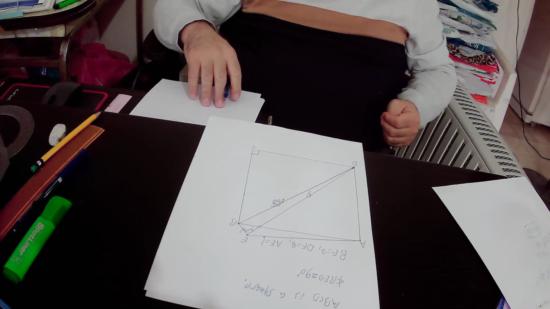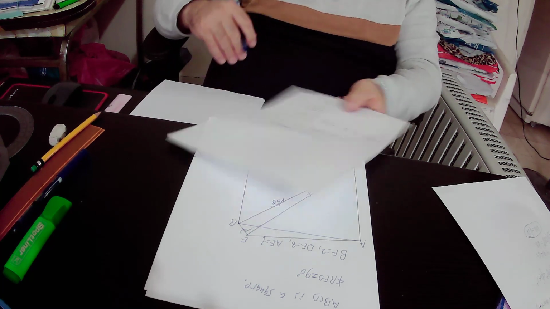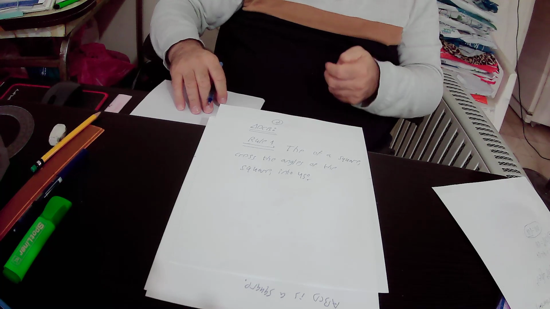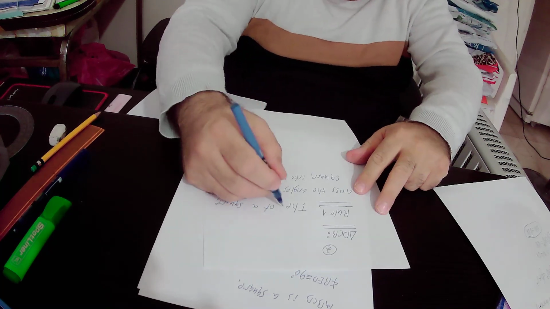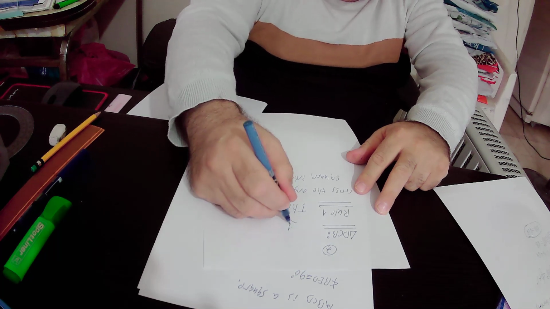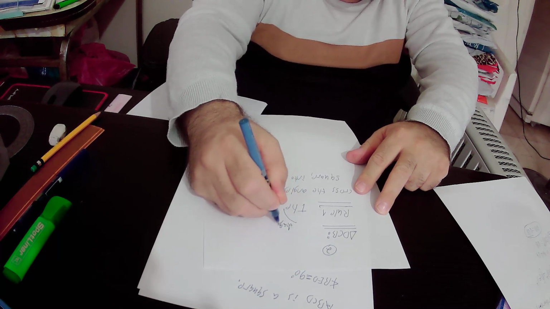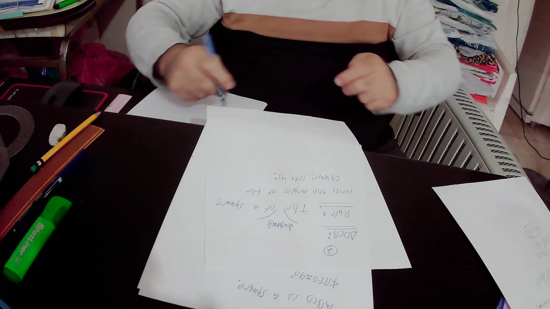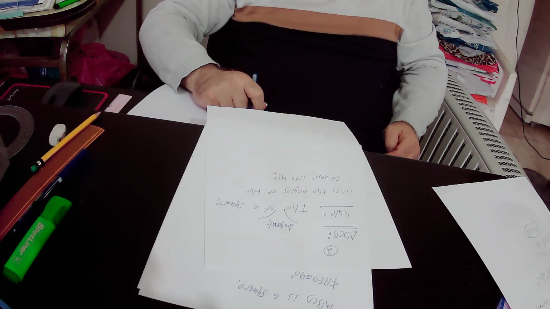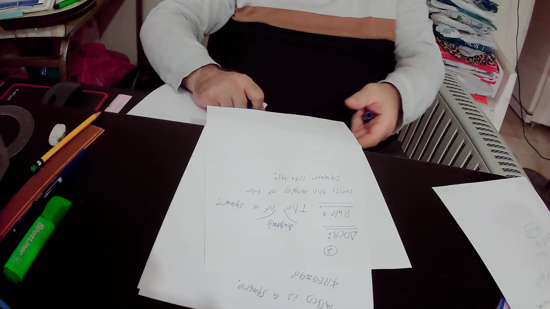So read again rule number 1. Rule number 1 states that the diagonals of a square cross the angles of the square into 45 degrees.